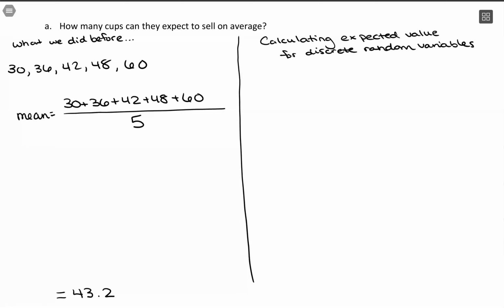By dividing by 5, using general rules of algebra, this would be the same thing as writing 30 times 1/5 plus 36 times 1/5 plus 42 times 1/5 plus 48 times 1/5 plus 60 times 1/5.